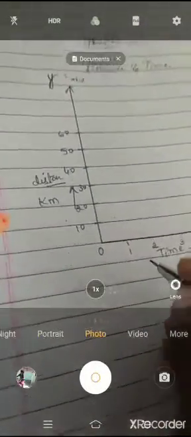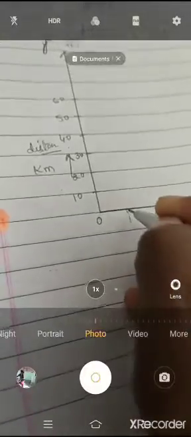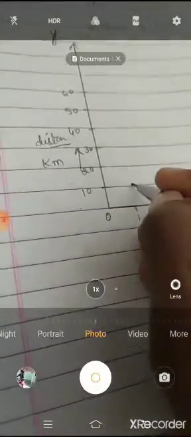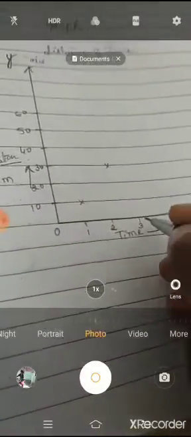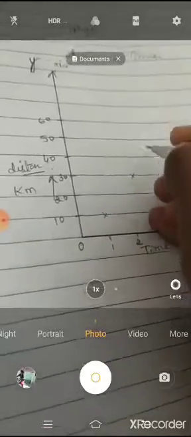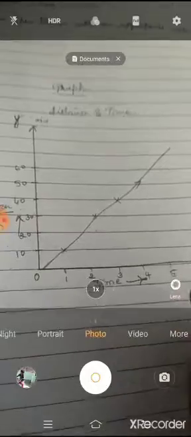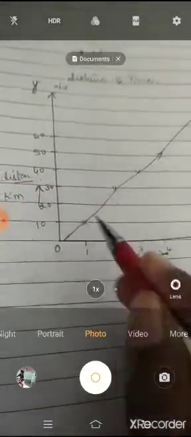Here we just assume that a vehicle has covered 10 km in the first hour and 30 km in the second hour, and in the third hour it may cover 40 kilometers, like this. This is how we need to represent the graph, and if we need to draw a line, a straight line along this. This is how we need to make a graph.